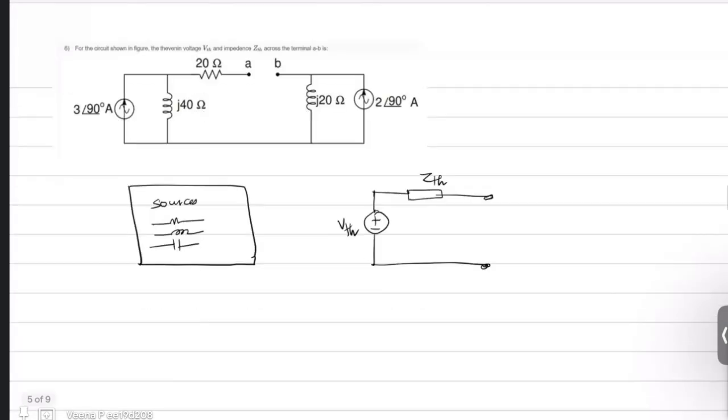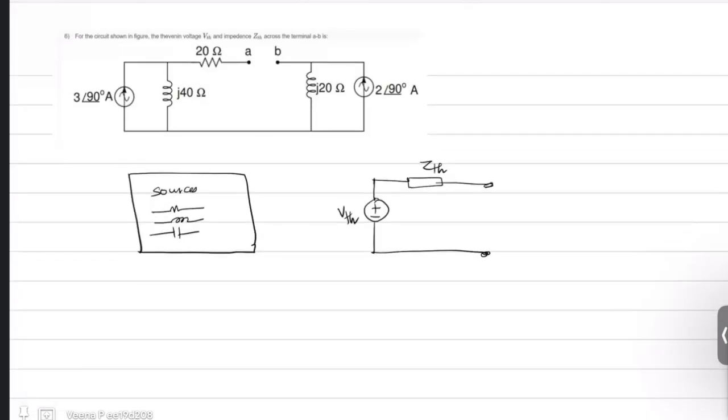In the given circuit it is an AC system. You are asked to find across AB what is the Thevenin voltage and what is the Thevenin impedance. So let us start with Thevenin impedance, because the circuit has only independent sources.